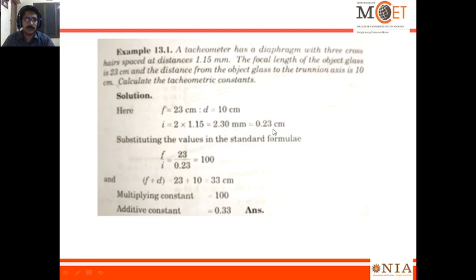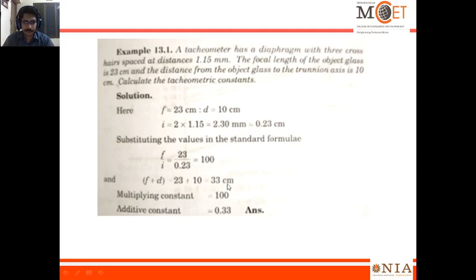So try to convert to a common unit. Here all are centimeter, so convert this also into centimeter. Substituting values in the standard formula, we know F by I gives K, so the focal length is here, I is also here, and now you get 100. F plus d gives the additive constant, it is 33.